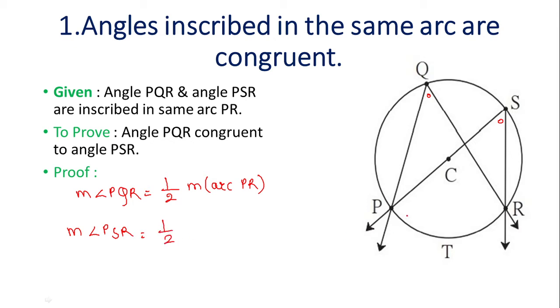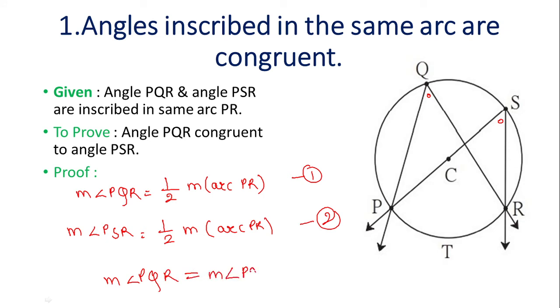It should also be half of the intercepted arc, that is arc PR. Why? Because it is also subtended in the arc PR. So if you compare the right hand side of both the equations, it is the same. Therefore measure of angle PQR is the same as measure of angle PSR.